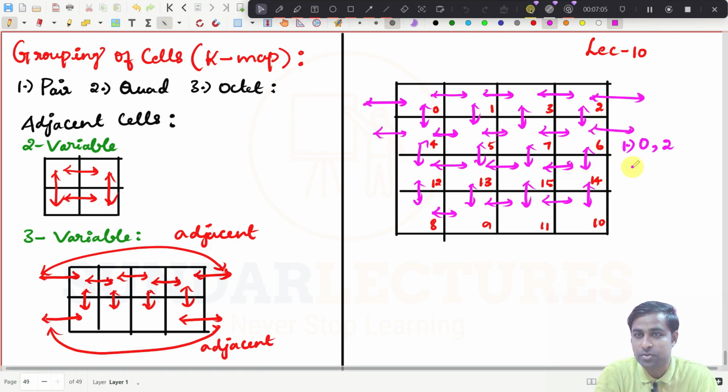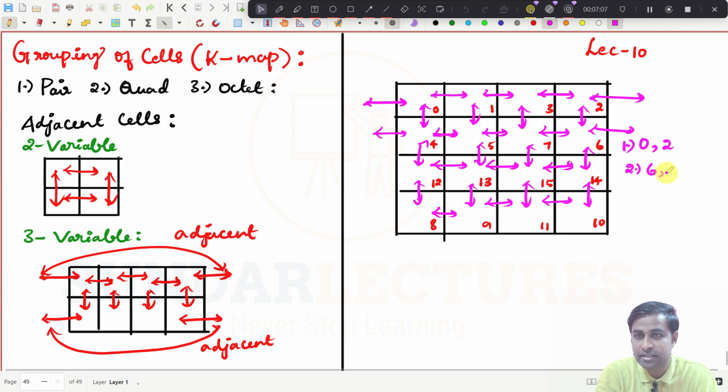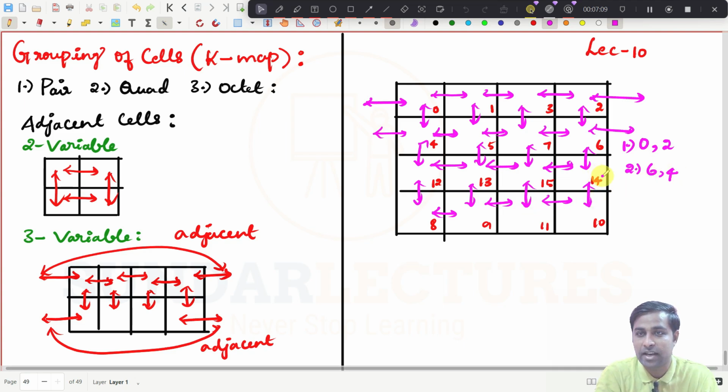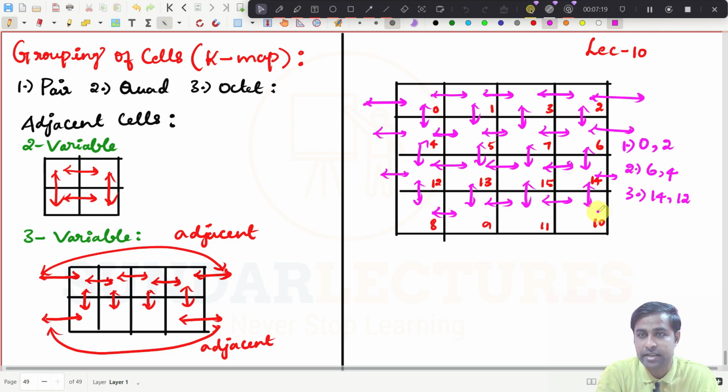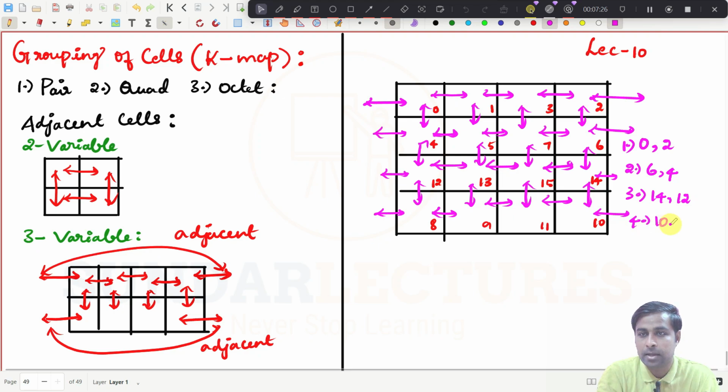Try to understand, so I will write it here. 6, 4 are also adjacent cells, and 14 and 12 are adjacent cells, as well as 10 and 8.